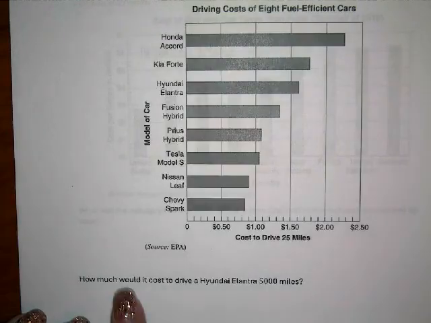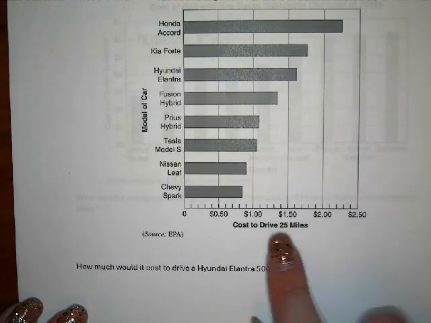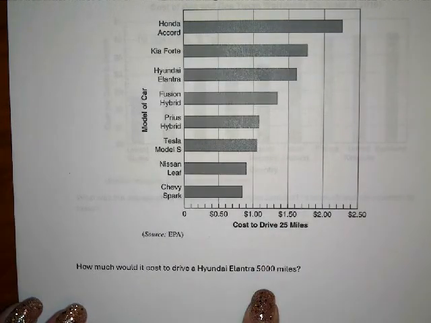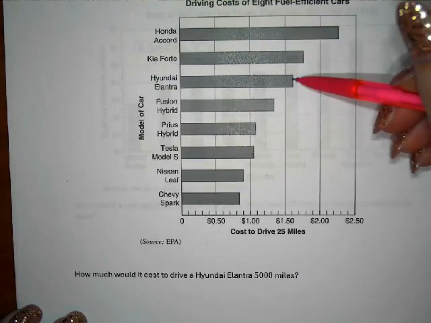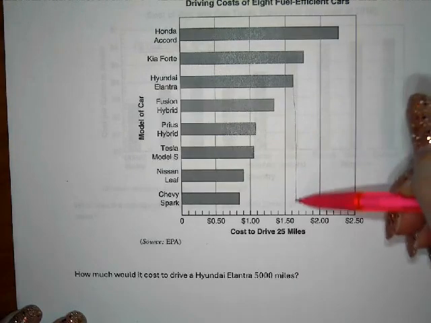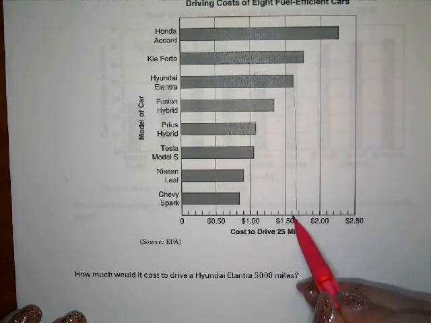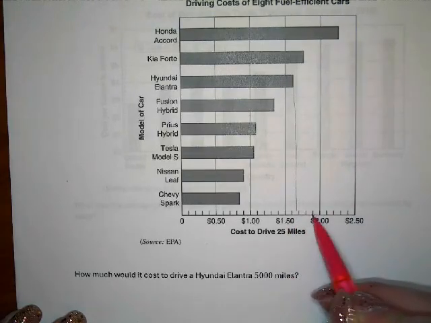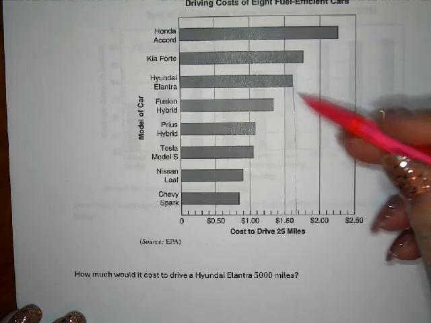It says, how much would it cost to drive a Hyundai Elantra 5,000 miles? This is only 25 miles, we want 5,000. For the Hyundai Elantra, it looks like this is going up by 10 cents, 160, 170, 180, 190. So I'd say this is about 170. You could say it's in between if my line was perfectly straight.